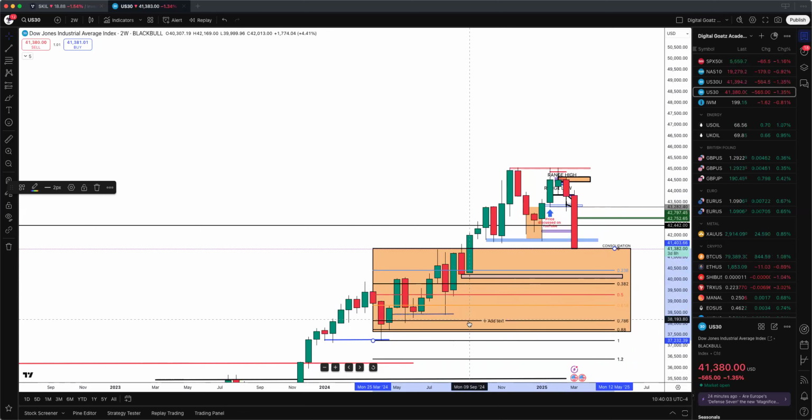So 786 is where I have one of my previous zones that the market bounced up from, what was that, last year in June, and then retested. So where are we at? It's currently testing the September candle right now.